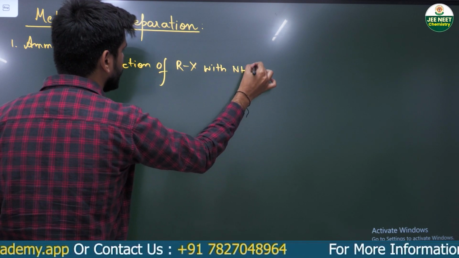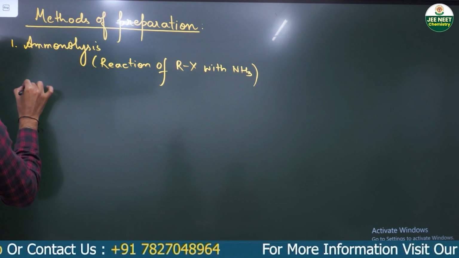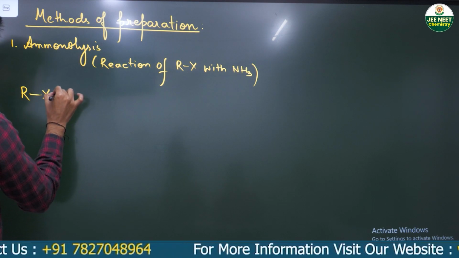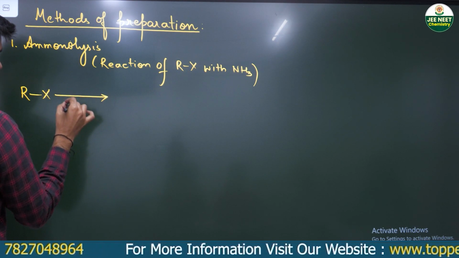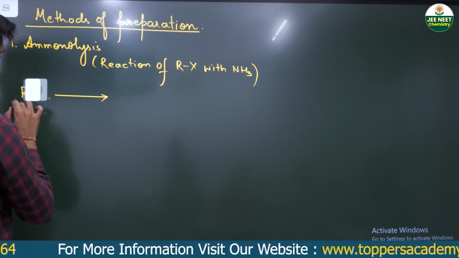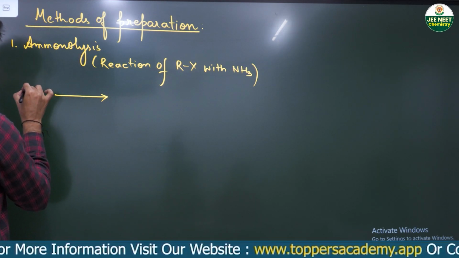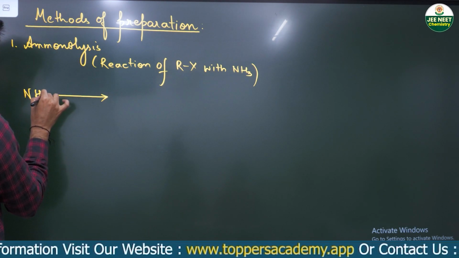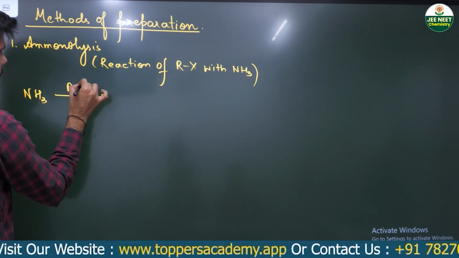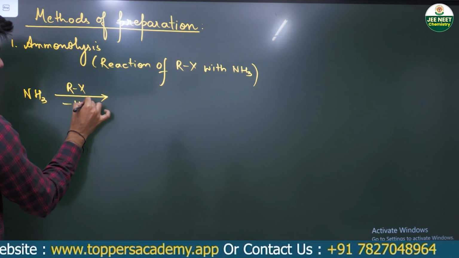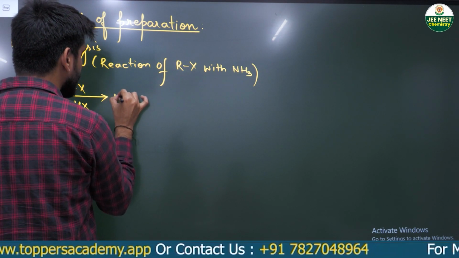Now look here. I have RX and I'm treating it with ammonia. So minus HX, and what will we get?